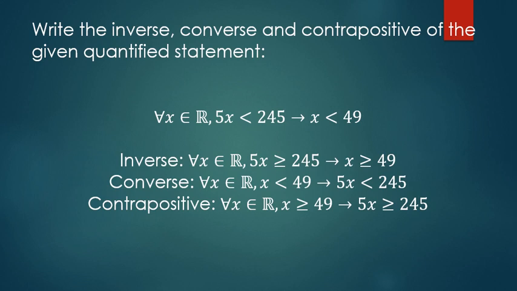Well, that's because although this right here was presented as a conditional, in reality, this is actually a biconditional. The 5x is less than 245 is true if and only if x is less than 49.